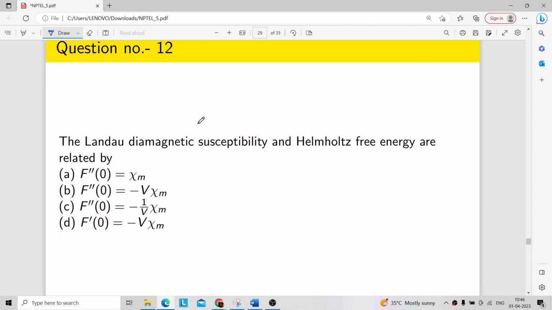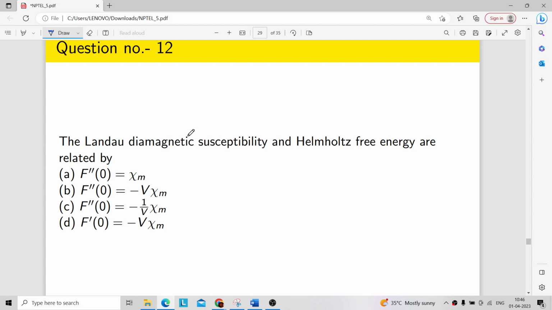Then coming to the next question. Okay, the question is: the Landau diamagnetic susceptibility and Helmholtz free energy are related by which equation?